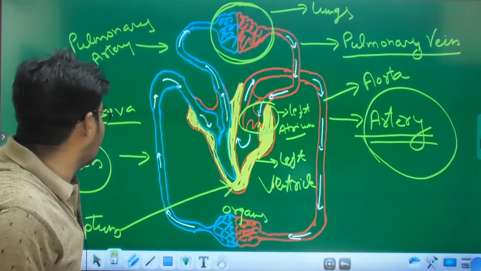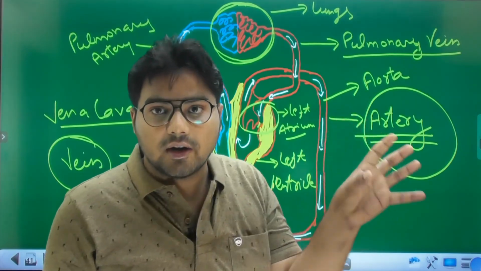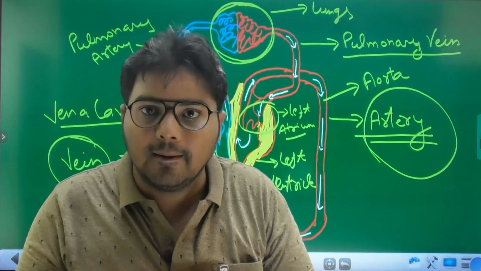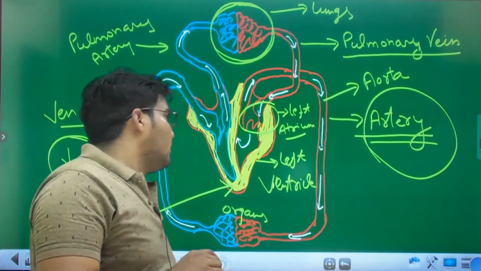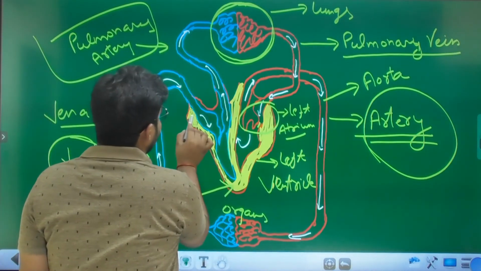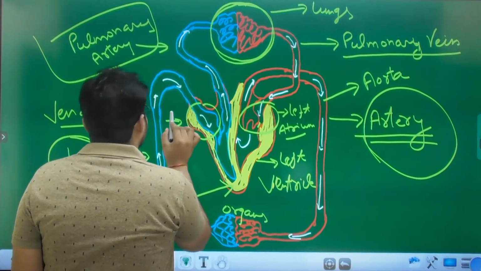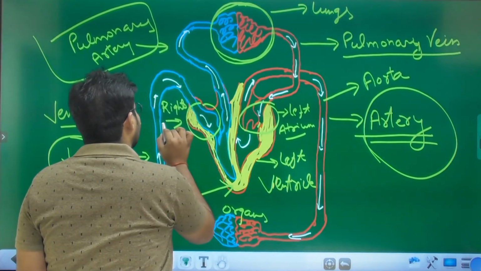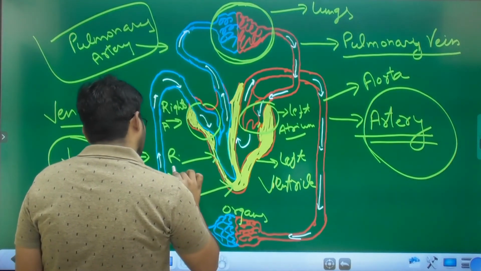Make it correct: the veins carry deoxygenated blood to the right atrium, and right atrium sends all the blood to the right ventricle, and the heart with high pressure sends it to the pulmonary artery. And with the help of pulmonary artery, you see the arrow, first it comes here, this one is your right atrium, and this one is your right ventricle.